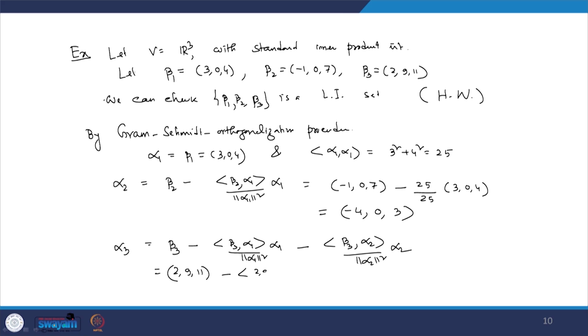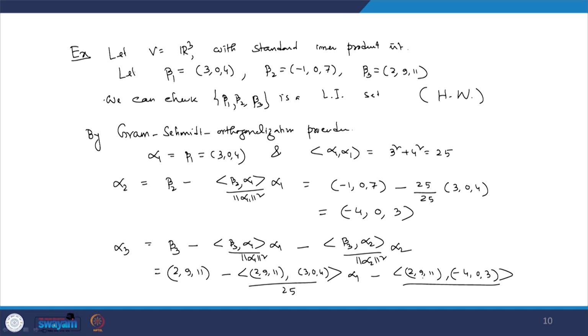So, 2, 9, 11 and alpha 1 is 3, 0, 4 by 25 and alpha 1, that is fine, and then minus again inner product of 2, 9, 11 with alpha 2, which is equal to minus 4, 0, 3, divided by norm of alpha 2 square.